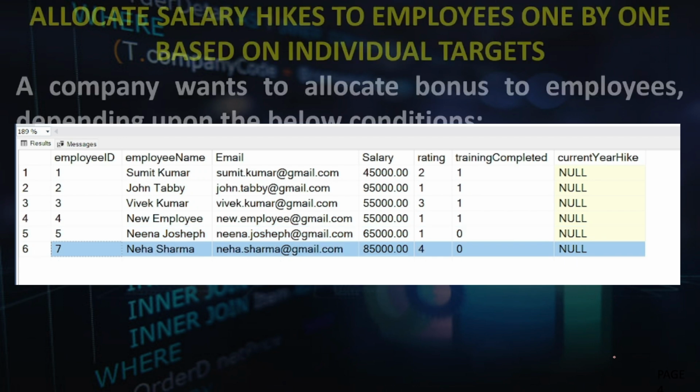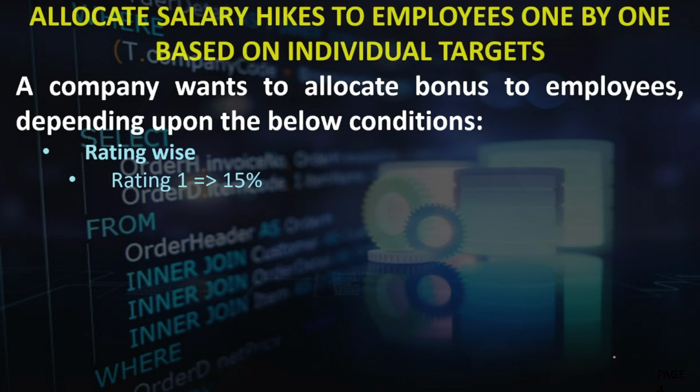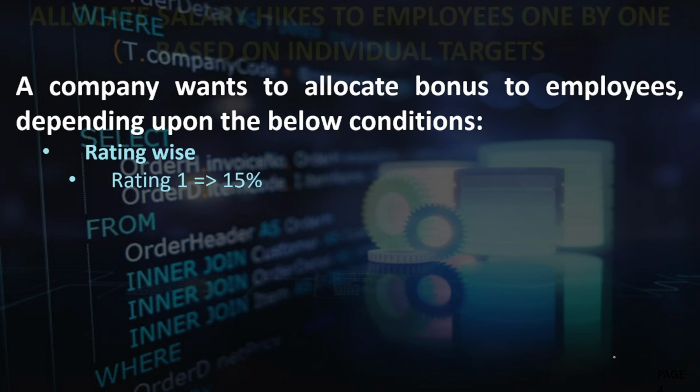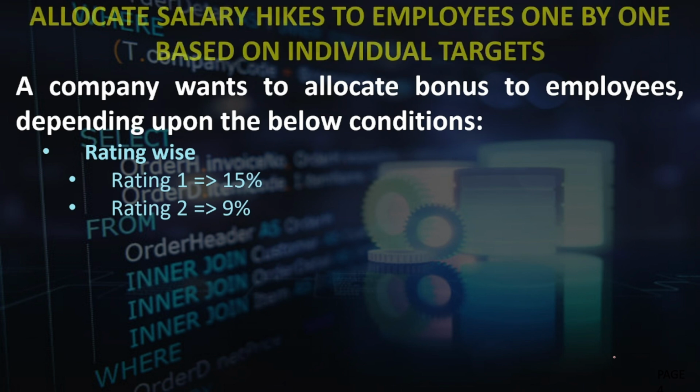And what are the criteria? The criteria is rating wise. Every employee in the company receives a rating, a mechanism based on performance. If you performed exceptionally well, you will get rating 1. If you are a little lower than that, you will get rating 2.